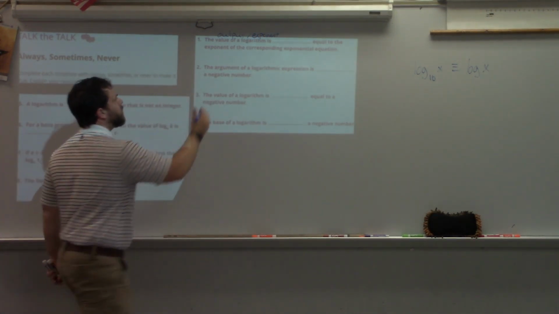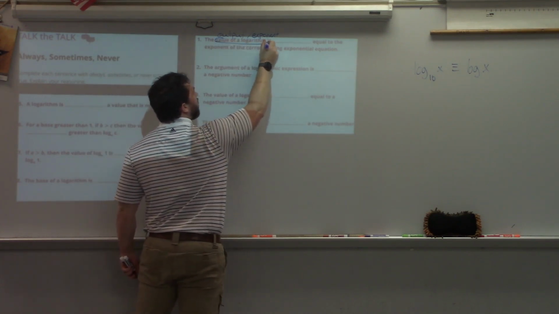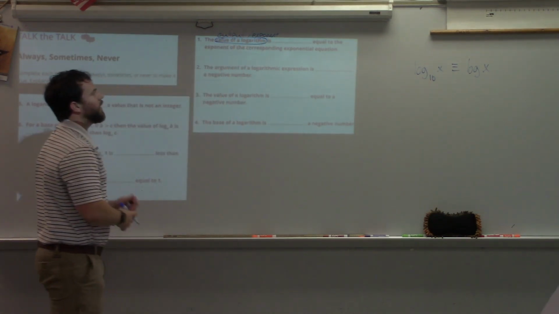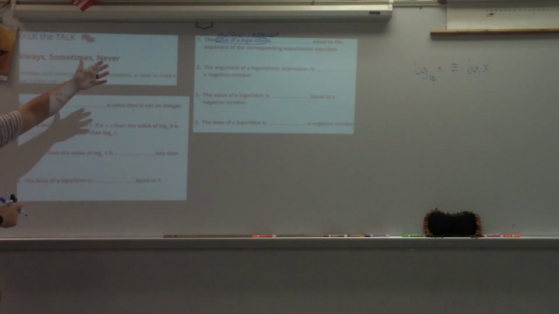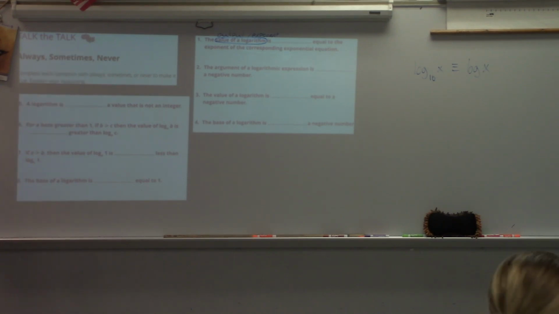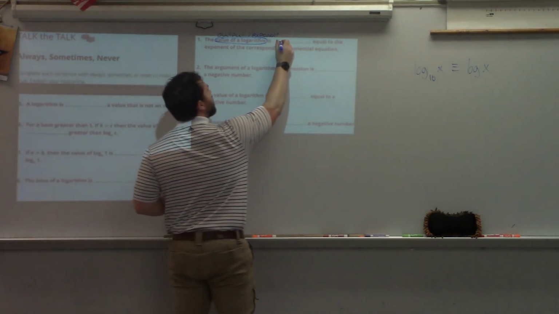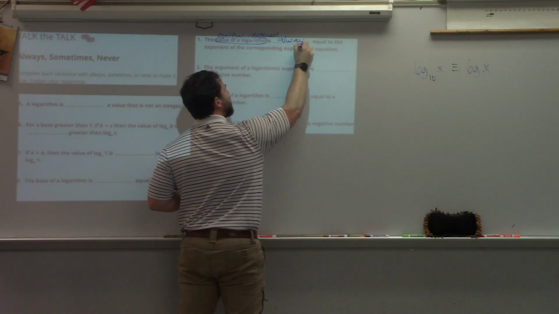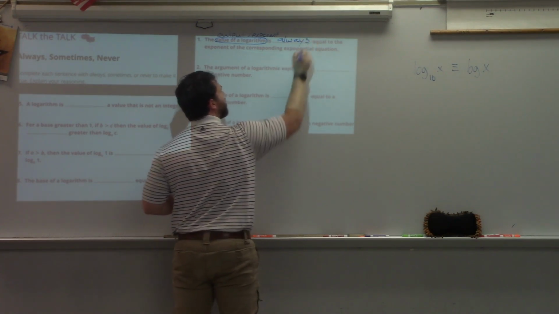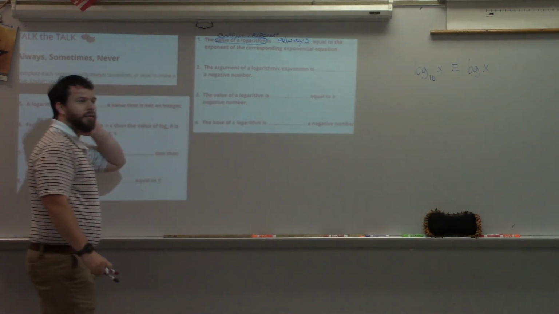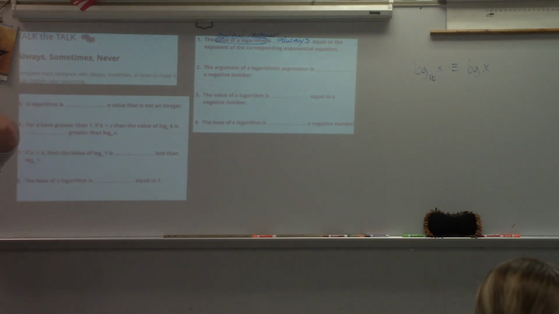The value of a logarithm is blank equal to the exponent of the corresponding exponential equation. That's an always. Literally a logarithm is an exponent. I kind of gave that away, but it is always 100%. That's something you need to keep in mind. The value of a logarithm is always equal to the exponent.